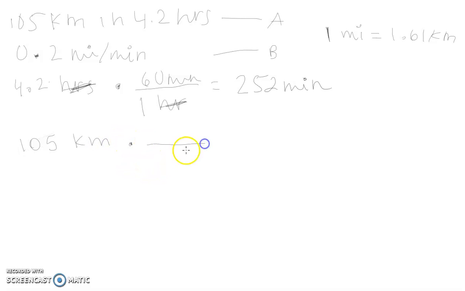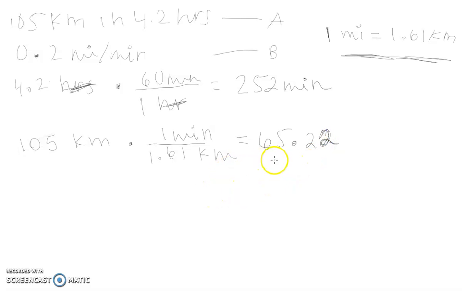In this case, instead of doing 1 mile at the bottom and 1.61 as written over here, we're going to do the 1.61 at the bottom, since 1.61 kilometers goes for a mile. So now, what is that equal to? Around 65.22. Okay, cool.